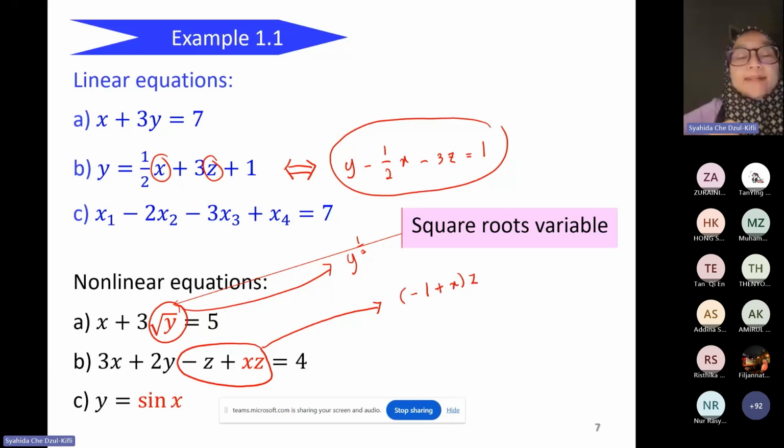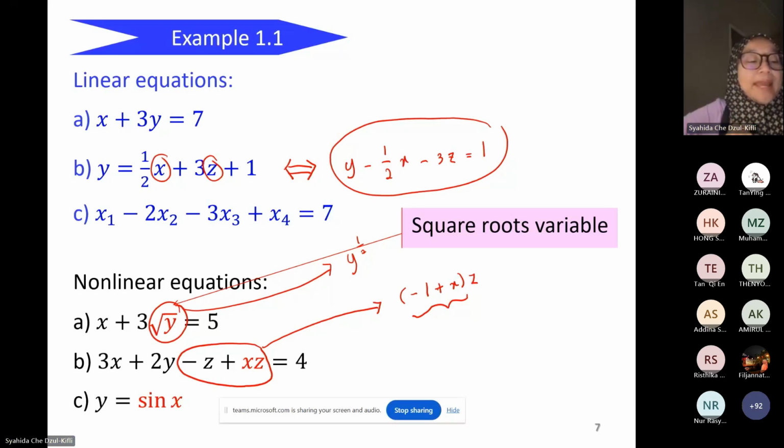So z is a variable as well as x, and the coefficient of z is minus 1 plus x, which is not a real number because it contains x, where x is a variable. So since the coefficient of z is not a real number, B is not a linear equation.